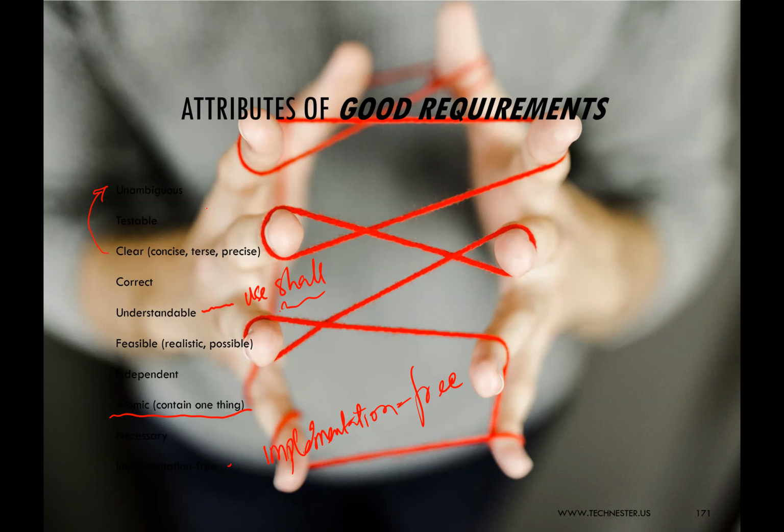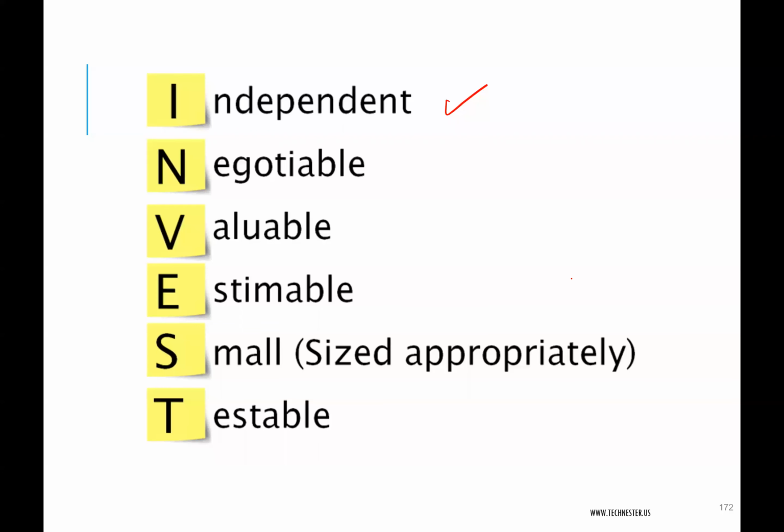So if you're talking about clarity, well, if it's clear, then shouldn't that mean it's unambiguous, right? So those kind of things. So this acronym INVEST helps us capture the key properties of good requirements based on the Agile framework. Good requirements should be independent.